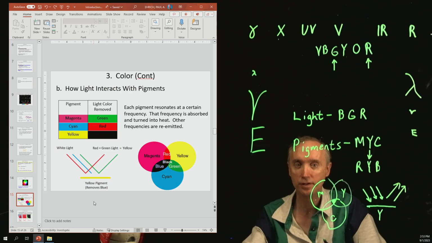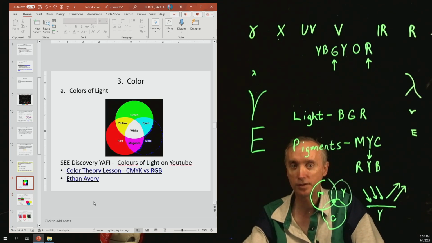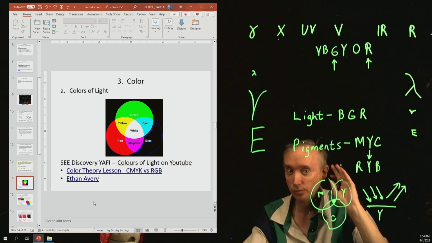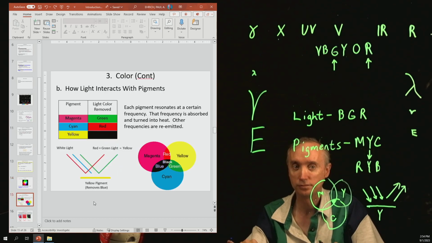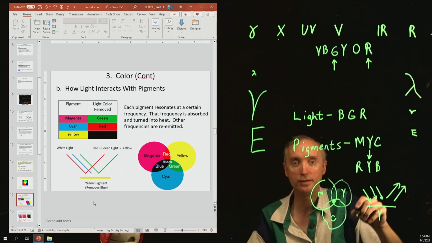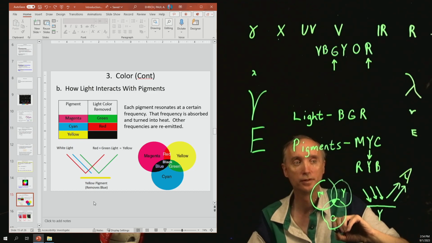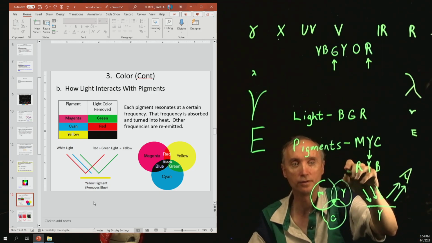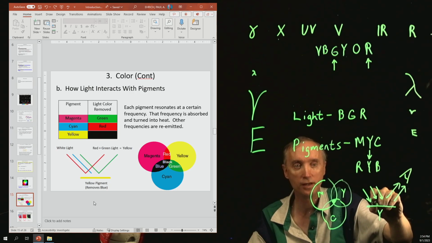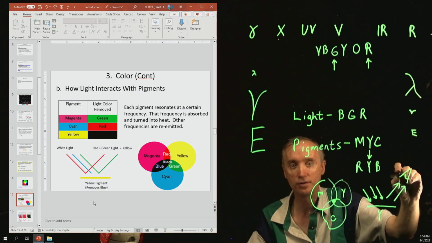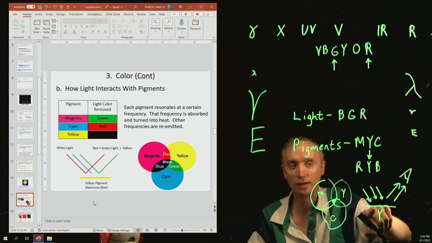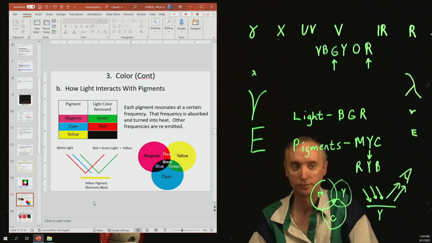If we go back to here and we mix those colors together, we get the color yellow. So what your eye sees, your eye is over here, the light source is over here, it bounces off the yellow piece of paper, goes into your eye, and you see a yellow piece of paper.